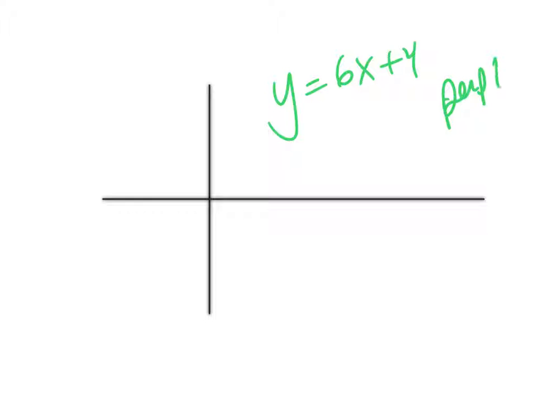Okay, next question that would be kind of like that would be, let's say I gave you an equation. This time I'm going to give you an equation, not a graph. What if I wanted you to tell me an equation of a line that was perpendicular to this line and goes through 1, 1?